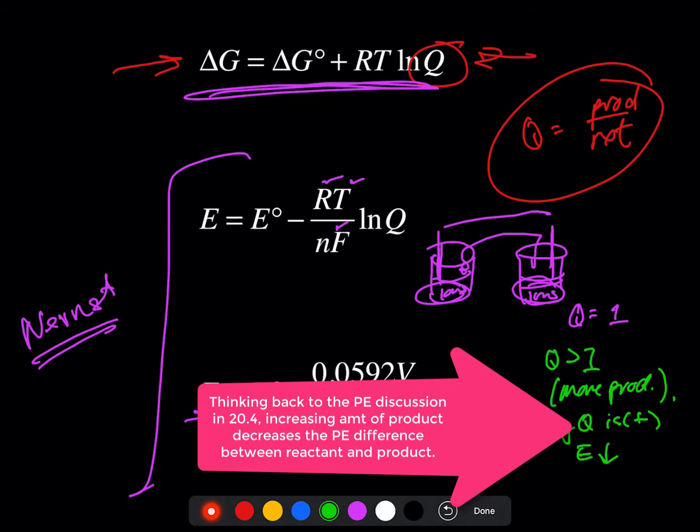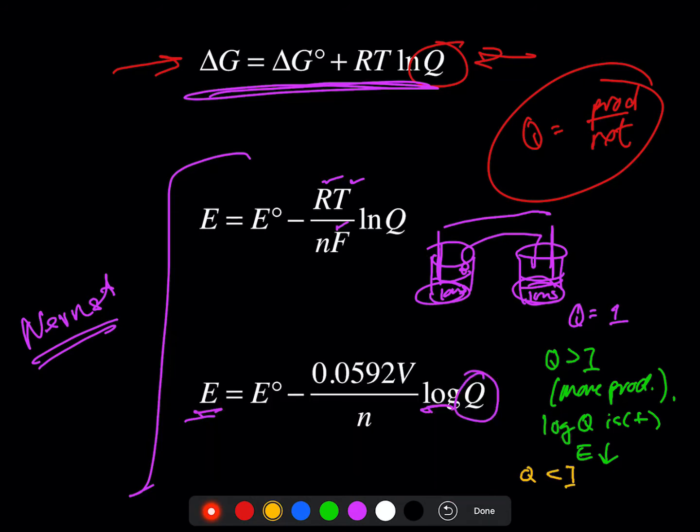In the alternate scenario, if my Q is less than 1, meaning we have more reactant, my log Q is going to be negative. And if this term is negative, then if I subtract a negative, my E value actually goes up.